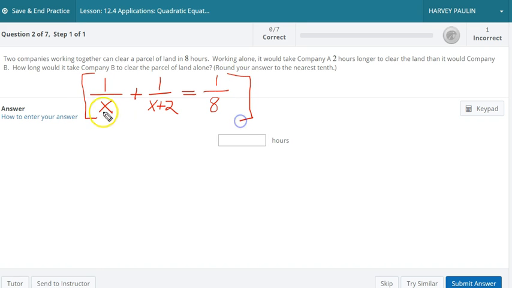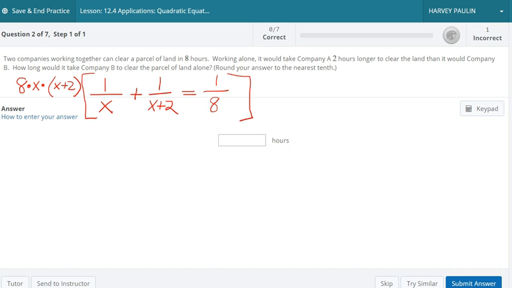Well, it's a matter of multiplying each of the terms by the lowest common denominator, which is going to be 8 times x times x plus 2.